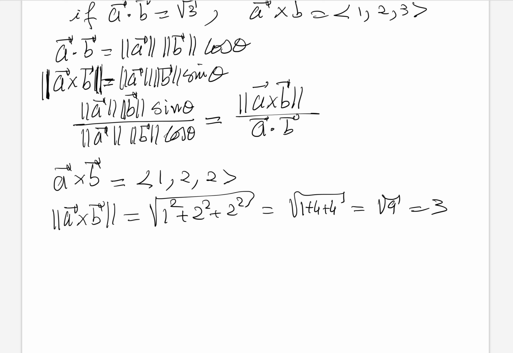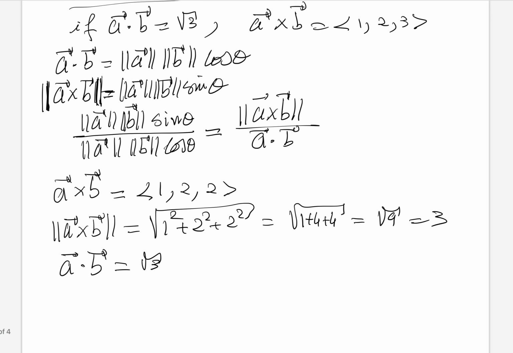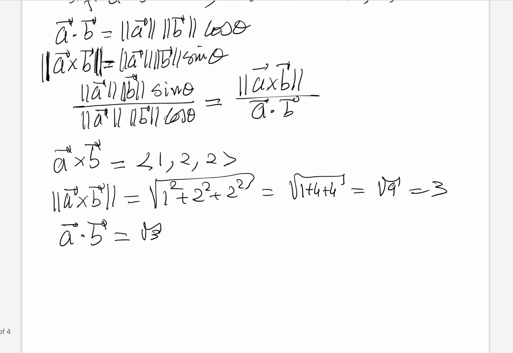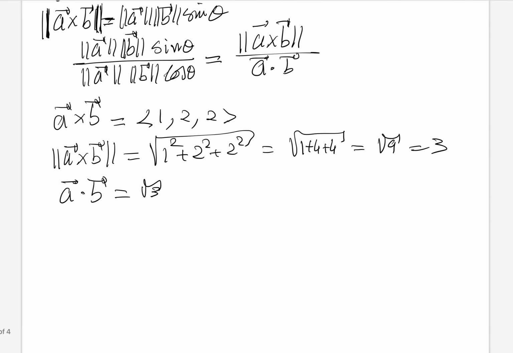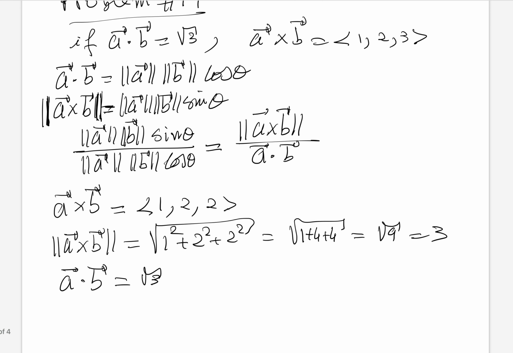And remember a dot b is equal to square root of 3. Now you can conclude, and the norms will cancel out, by the way.